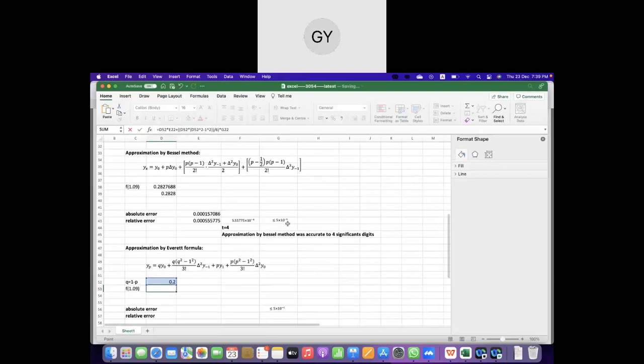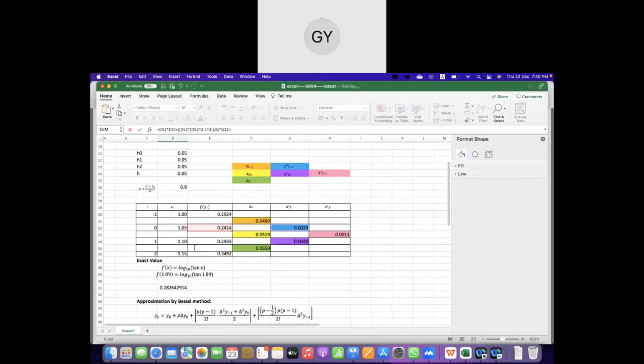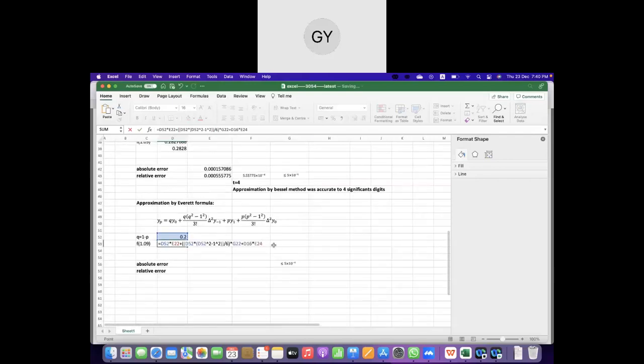Okay, then we plus again p times y1. So p is 0.8 times y1, which is 0.2933. Then we plus again p times (p squared minus 1) divided by 3 factorial, then times the second difference delta squared y0.